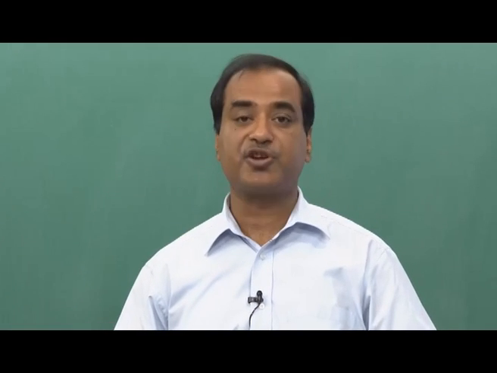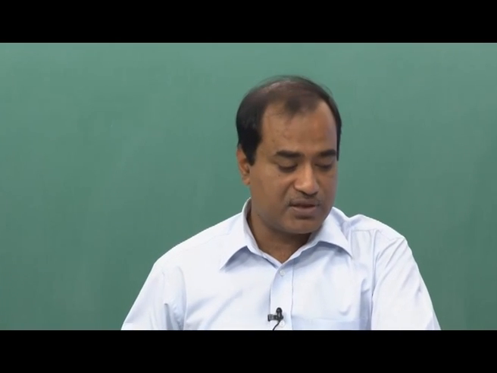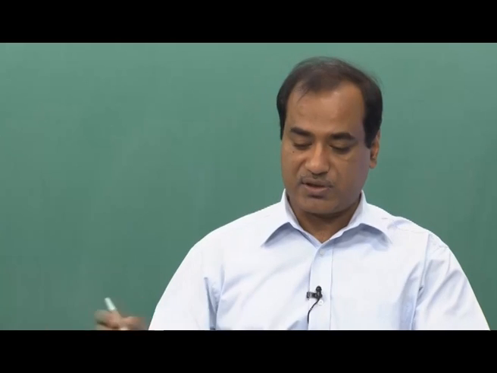Right. Now, before going further, let us try to understand the relationship of this confidence interval estimation with the test of hypothesis. So, let us discuss here the relationship of confidence interval with test of hypothesis.